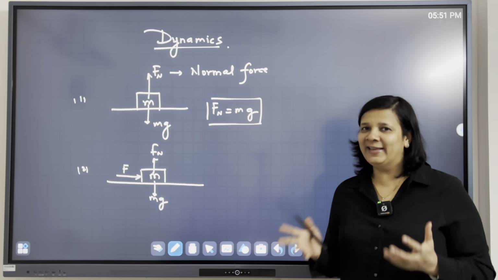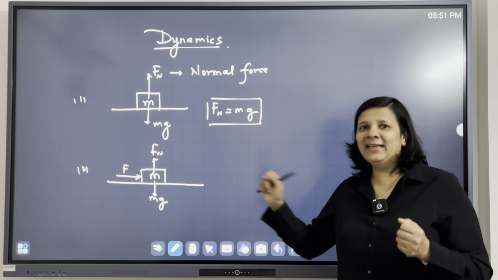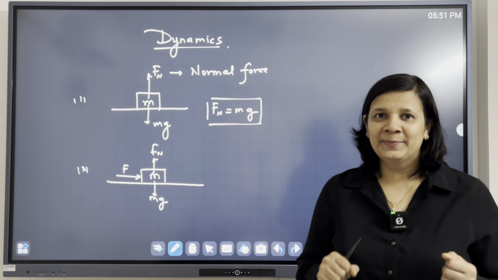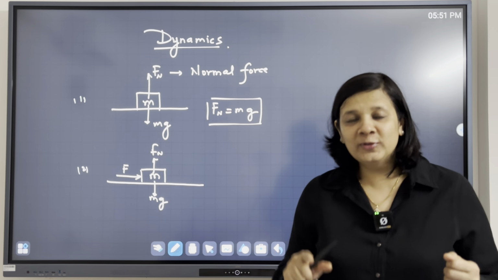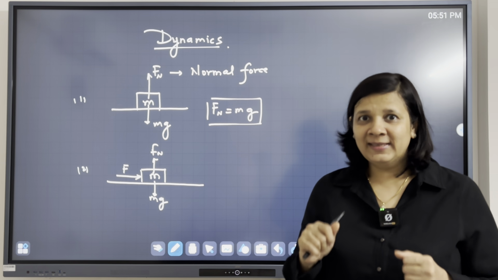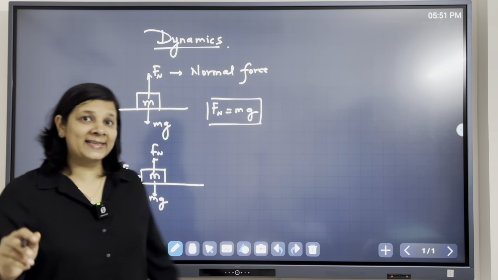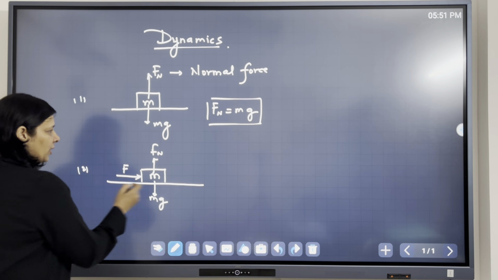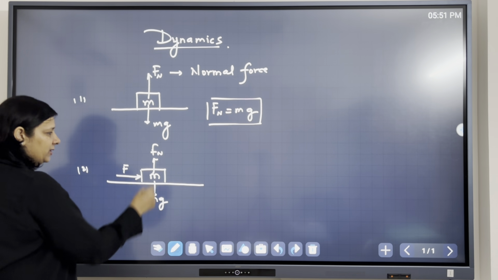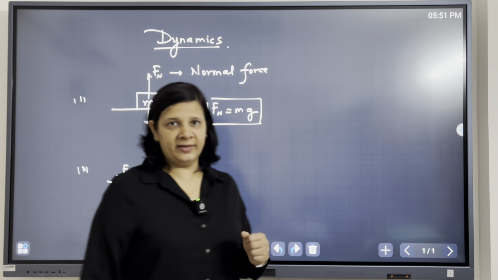Just pause the video and think for a second. In this case also, you will see that the normal force remains the same, because another force F which is acting on the object is acting horizontally, right? So there is no change in the forces acting in the vertical direction.